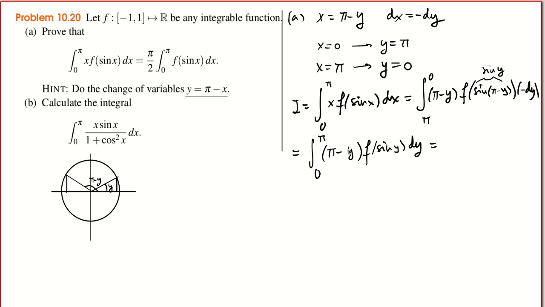And we can separate this into two integrals. The first one is pi times the integral from 0 to pi of f of sine of y dy.